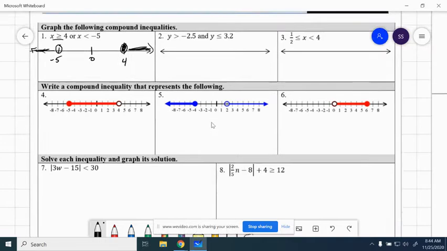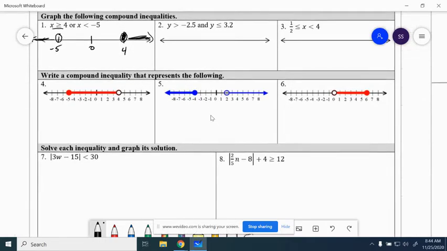All right, you guys can do 2 and 3. Number 4, let's put X in the middle and have -5 here and +4 there. Okay, so the X is representing all these values of the red line. We know that we have a filled in circle on the left side, so we're going to have the line underneath here, but not on the right side.